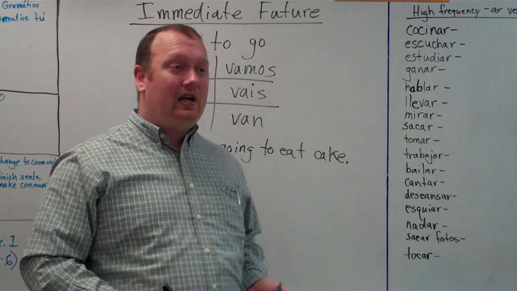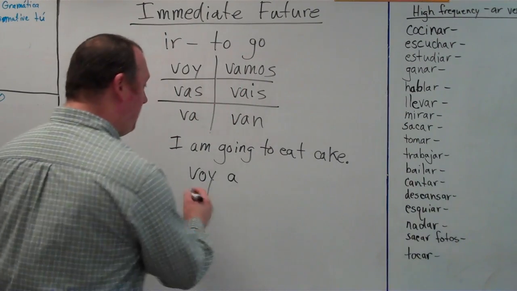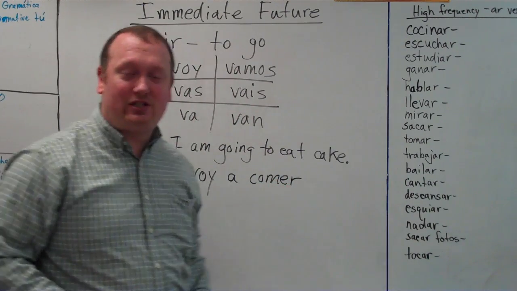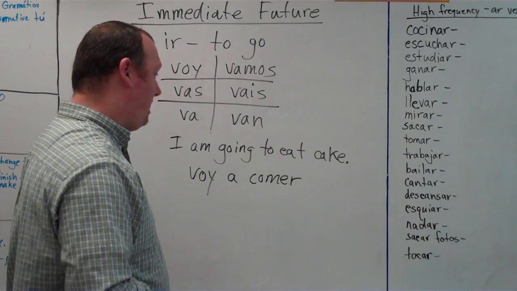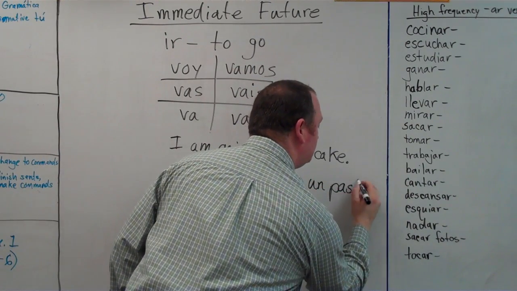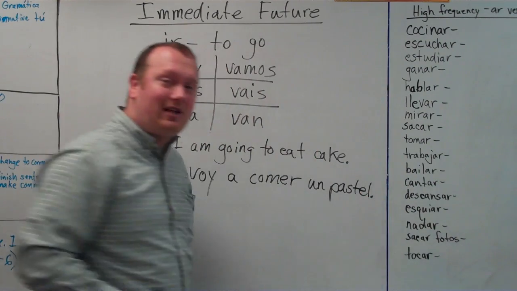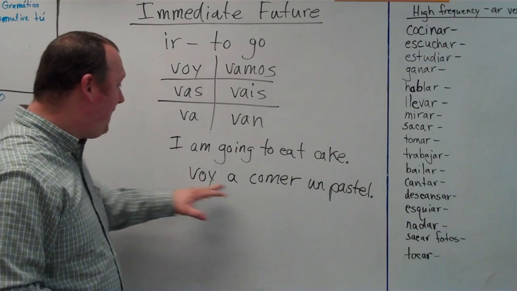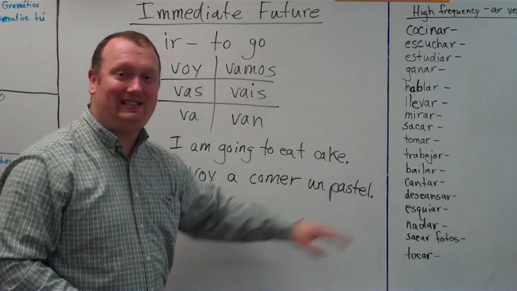So to eat is comer. Voy a comer. And then the rest of our sentence is cake, which is un pastel. So here's our example sentence. We have, I'm going to eat cake. Voy a comer un pastel.